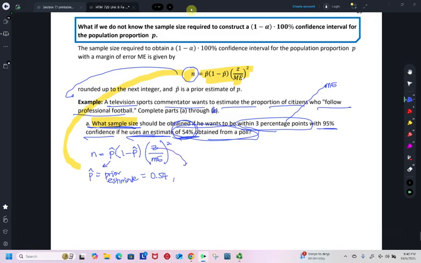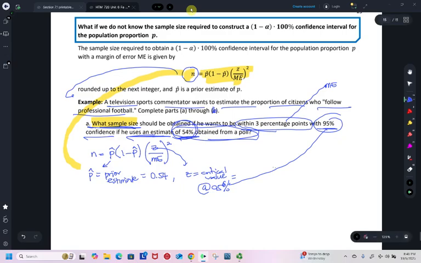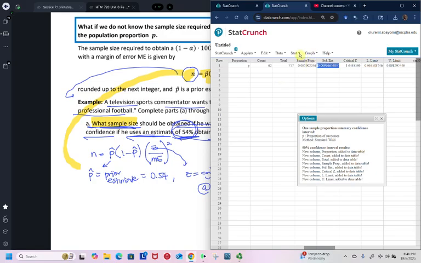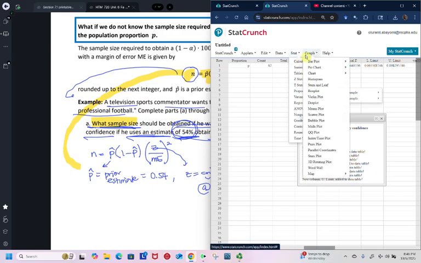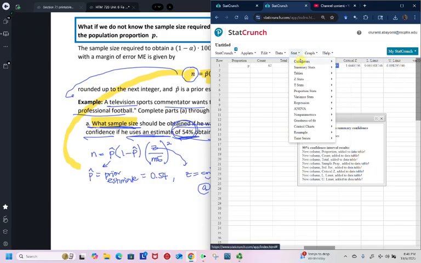Then our z is our critical value if we want to capture 95%. What would that be? Let me show you how to get that. You go back to StatCrunch, go to Stats, go to calculators.